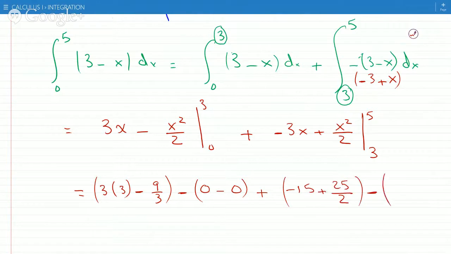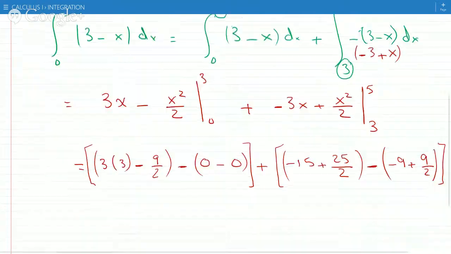Now we plug in the lower bound, the 3. So that's minus 9 plus 9 over 2. Okay, and that does it for the second part of the integral.